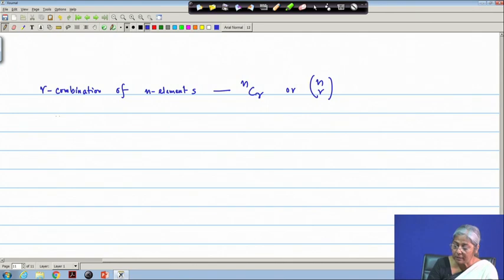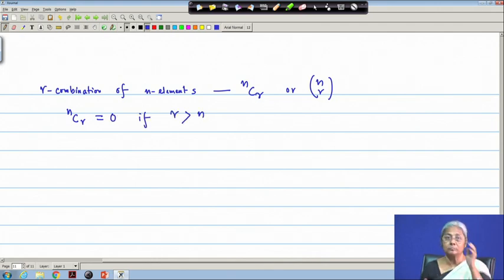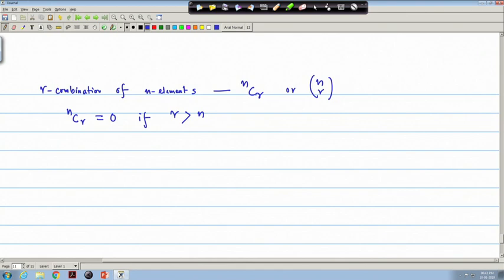According to the definition, nCr is equal to 0 if r is greater than n, because it is not possible to choose a subset having r elements from an n element set when r is greater than n. So, this is equal to 0, I do not have any such subsets.